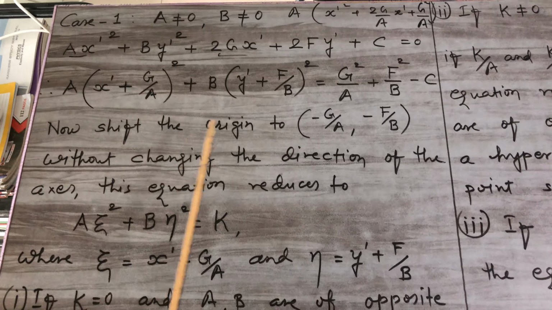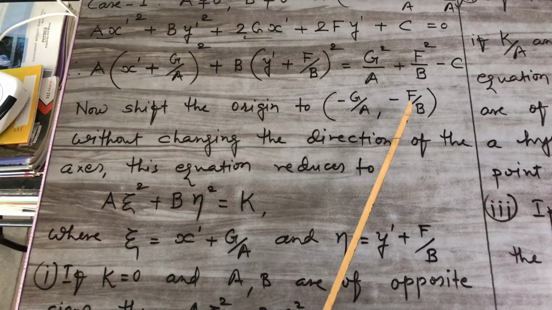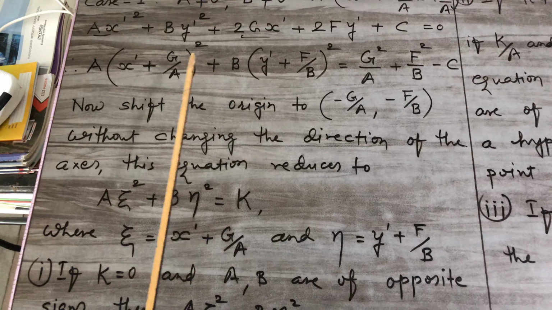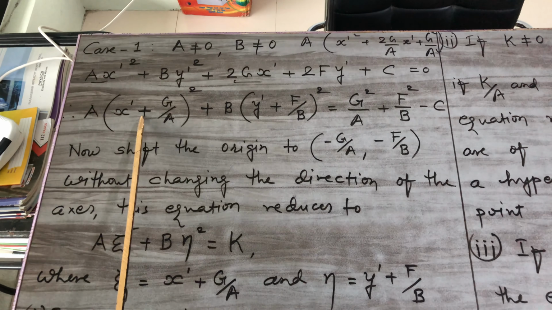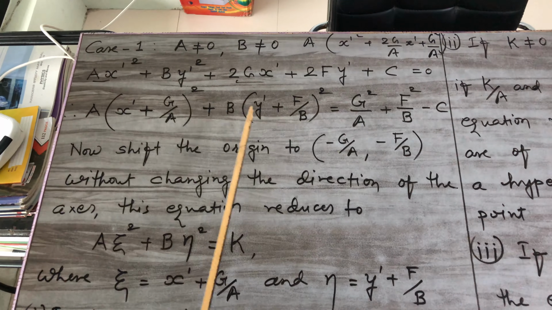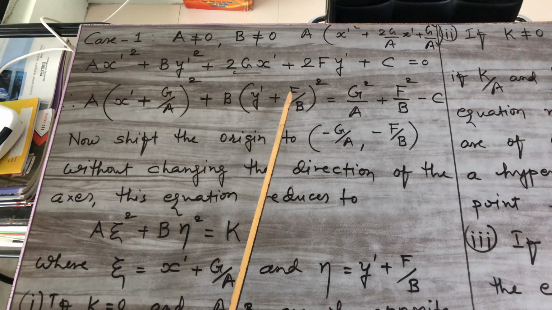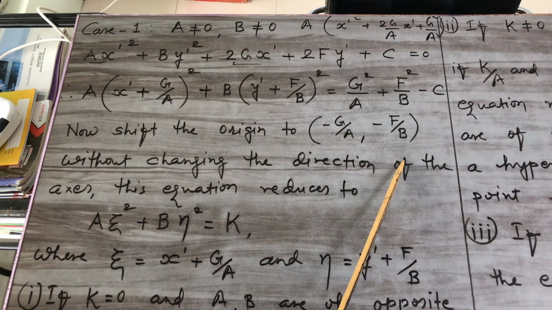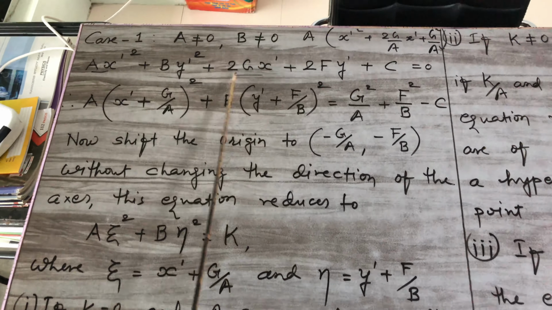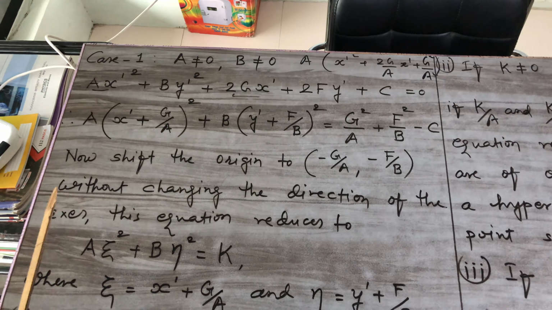Now shift the origin to (−g/a, −f/b). Here x' we can write as x' + g/a, and y' + f/b. So shifting the origin to (−g/a, −f/b), removing these linear terms.